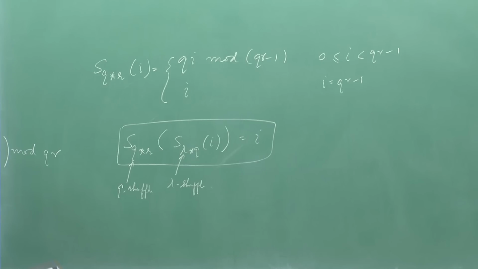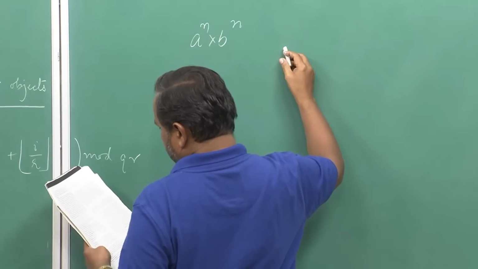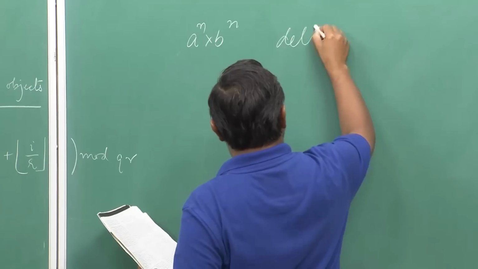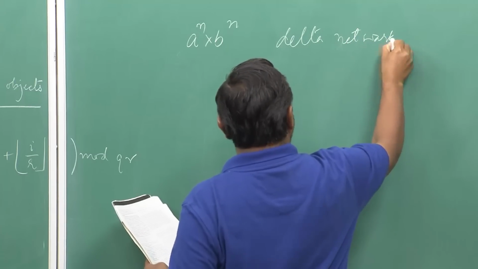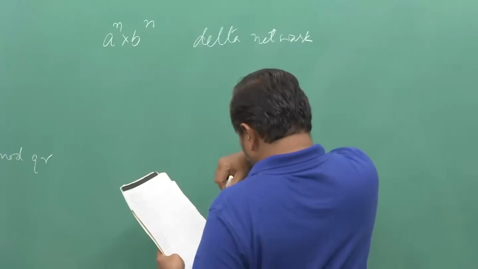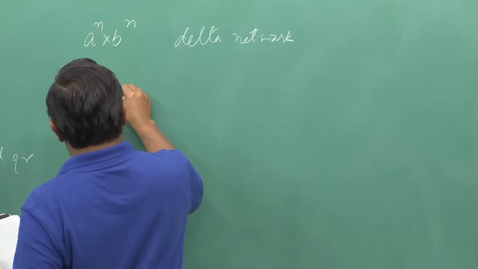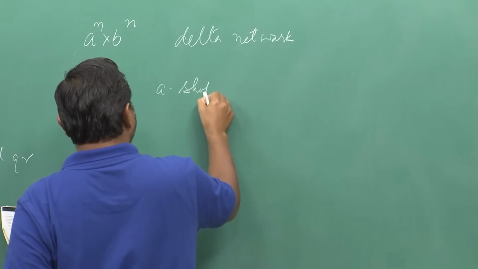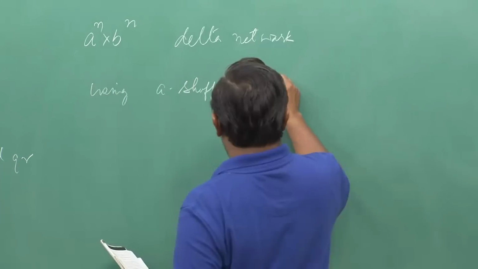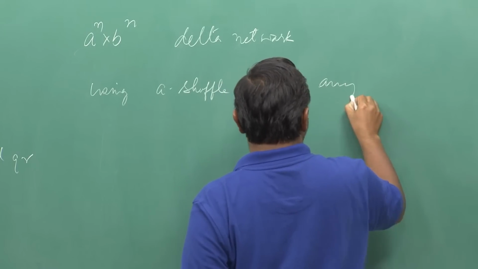So, we have to show that an a raised power n by b raised power n delta network can be constructed using a shuffle between any two consecutive stages.